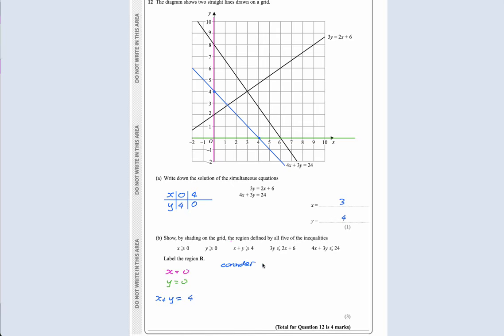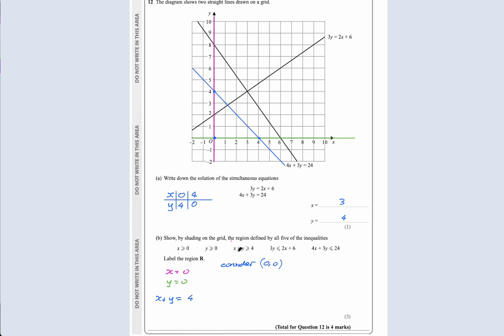Consider 0, 0, this point here, because for this blue line, I'm either shading down here to the left of the blue line or up here. All I need to know is which one. Is it down here or up there? So I just consider a point. If 0, 0 is correct, then I'll shade down here. If it's not correct, I'll shade up here.